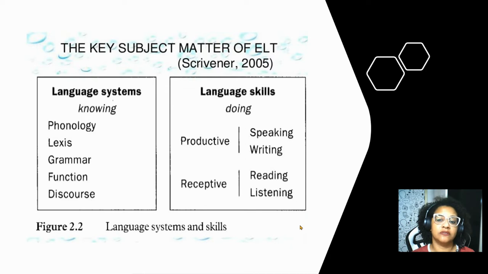Today we are focused on the doing then, the language skills, the doing part. There are two kinds of language skills: the productive skills and the receptive skills. Let's dive into it.